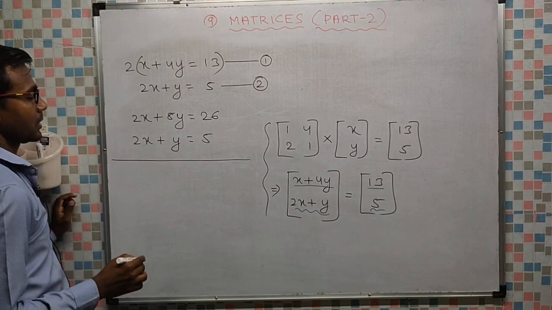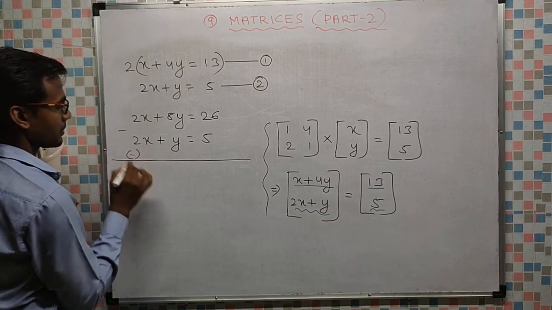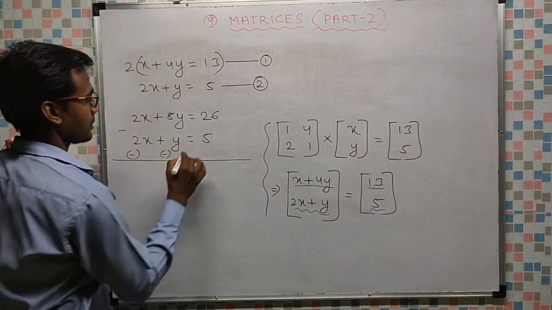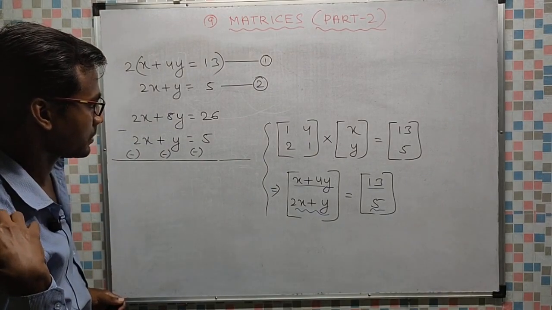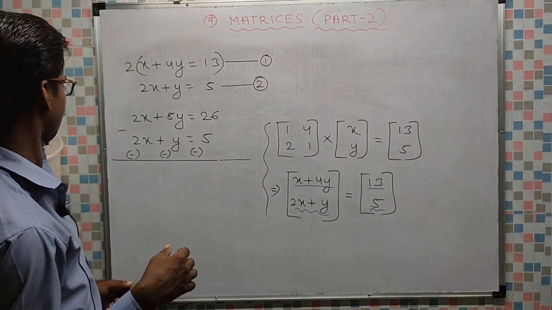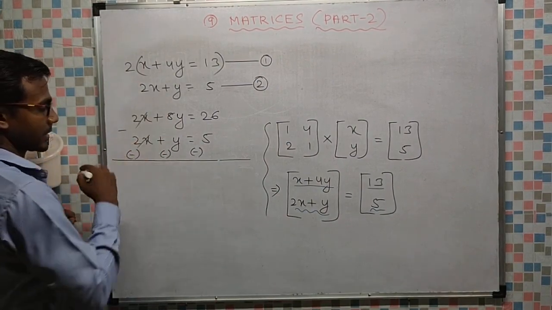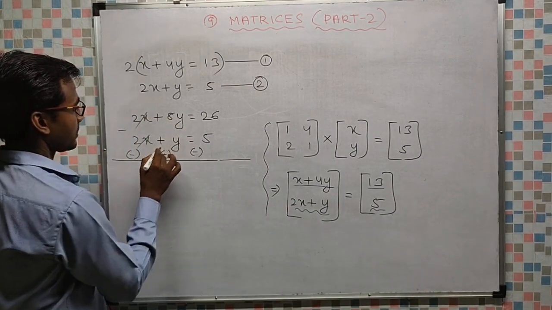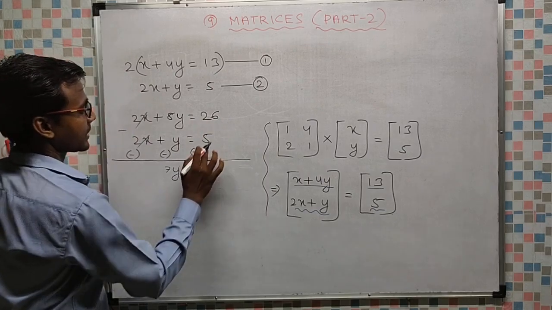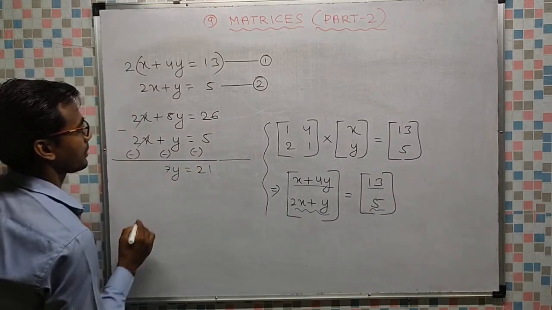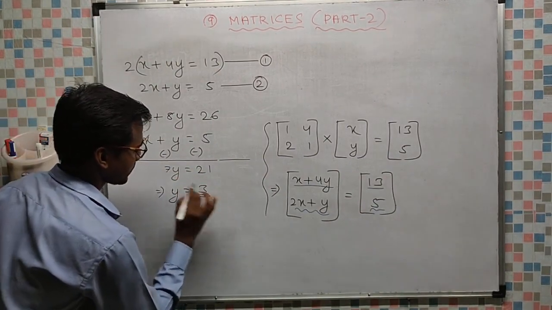Now same sign, let us subtract. 2x cancels, 8y minus y is 7y, 26 minus 5 is 21. So y is equal to 21 by 7, which is 3.